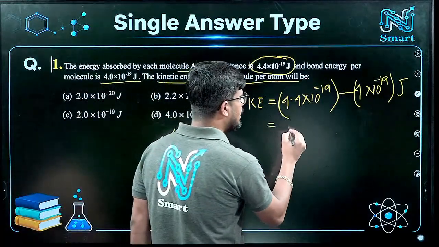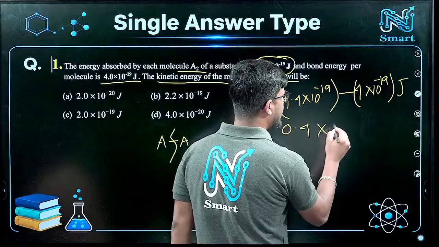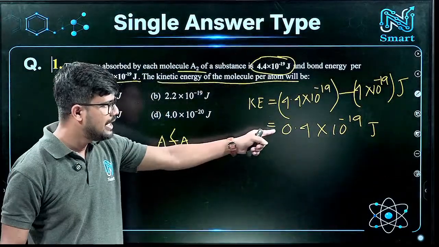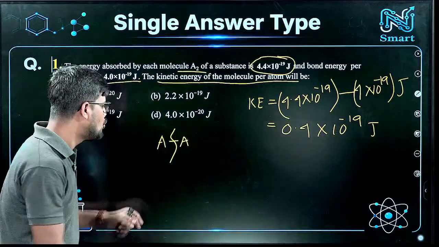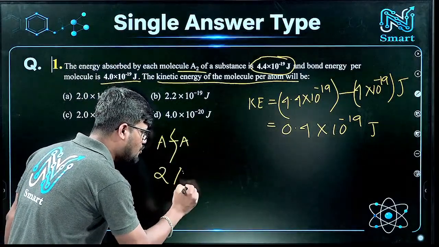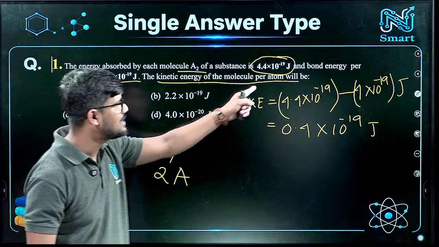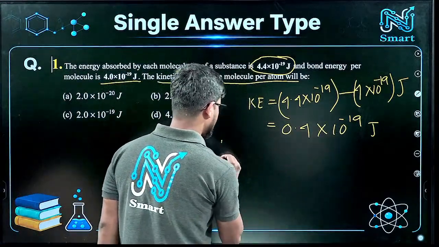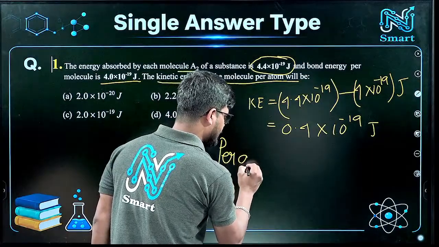So you are getting 0.4 into 10 to the power minus 19 joule. Now just check. This kinetic energy is for 2 atoms because you are getting 2A, right? 2 atoms. They are asking per atom. So per atom means you have to divide by 2.